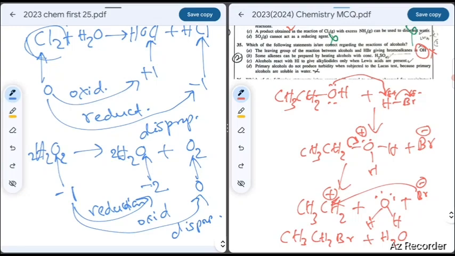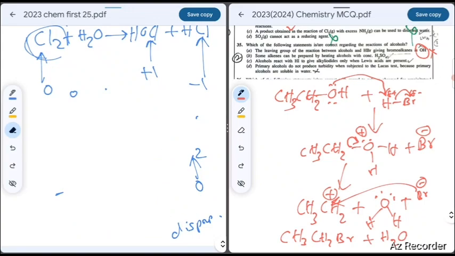Right. Next, part B. Some alkenes can be prepared by heating alcohols with conc H2SO4. Now here they have given some alkenes. Because all alkenes can be prepared by heating alcohols with conc H2SO4, that is wrong. Because only some alkenes we can form by heating alcohols with conc H2SO4.